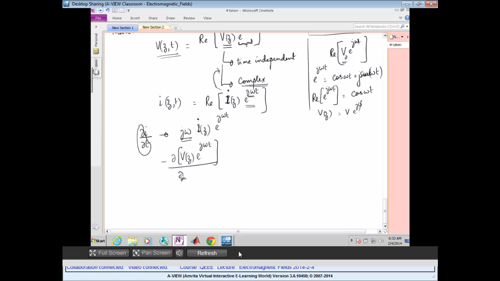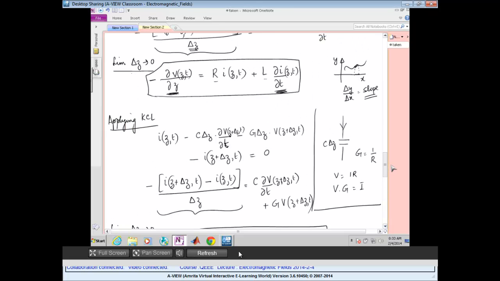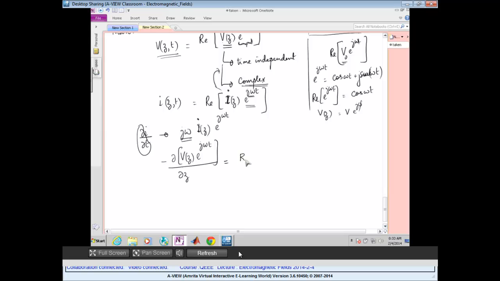So this is divided by z, equal to, the right side is R i plus L del i by del t, R Iz e power j omega t plus L del i by del t I could replace simply by j omega Iz e power j omega t.